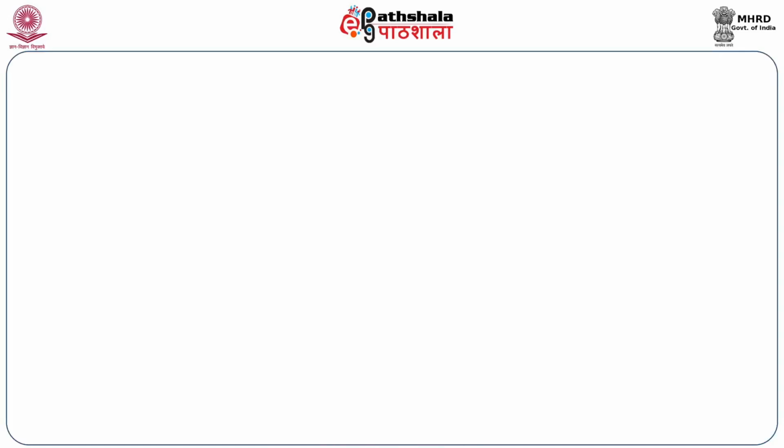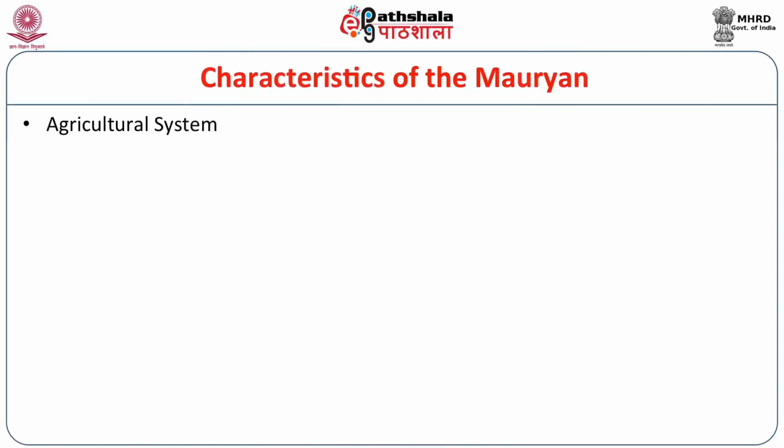Next, what we get? Characteristics of the Mauryan agricultural system. So, we can now in a nutshell get an idea about salient features of the Mauryan agrarian system.